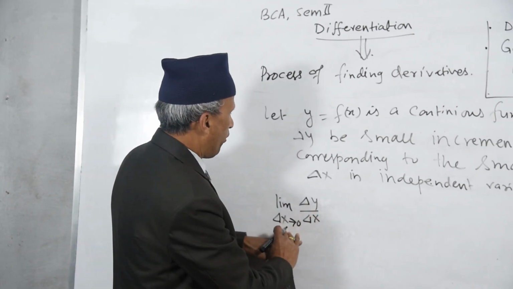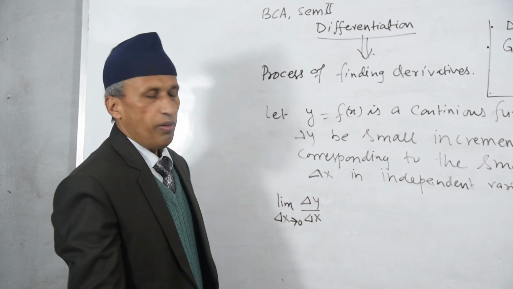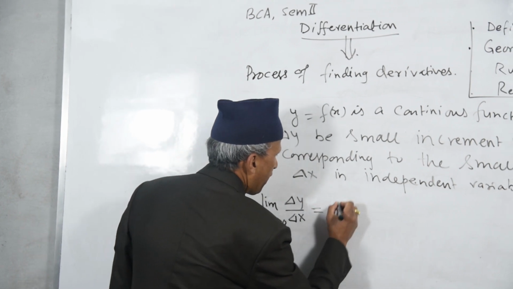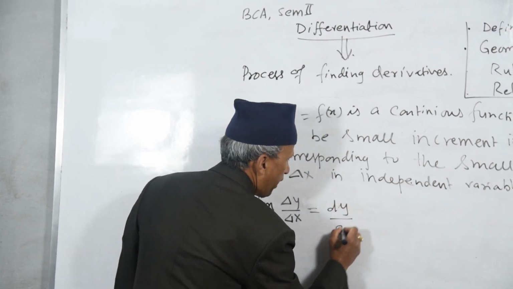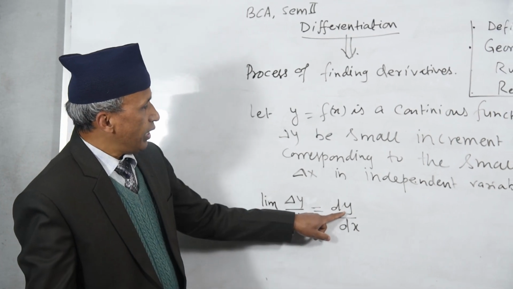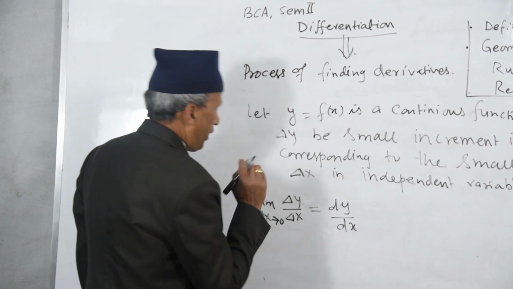The limiting value of the ratio delta y by delta x is denoted by dy by dx. We write it dy by dx, that is the derivative of y with respect to x.